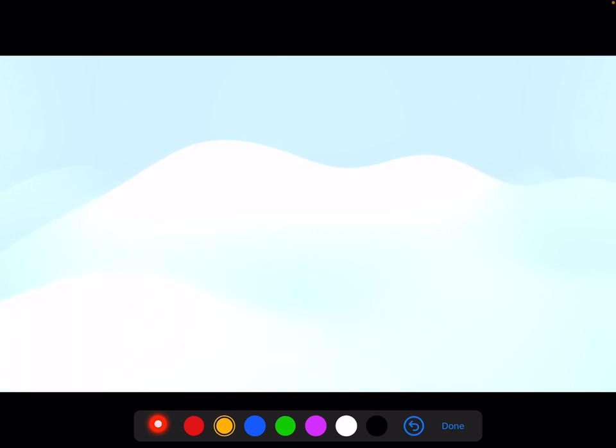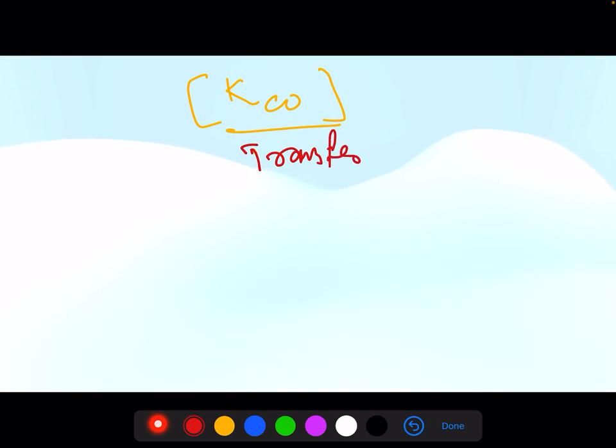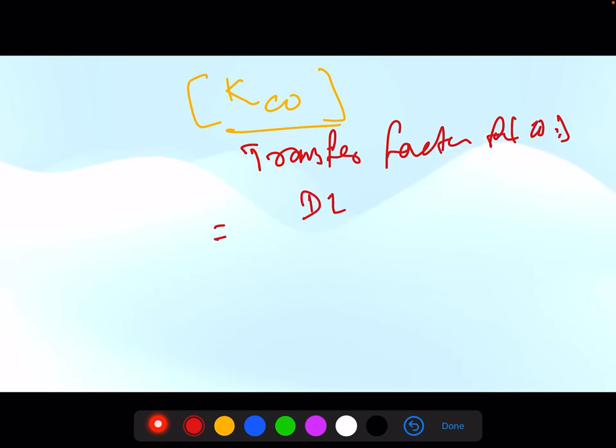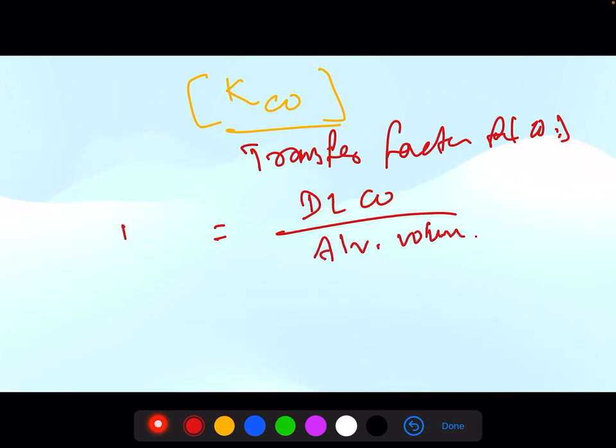Also, along with the parameter, they ask questions regarding the transfer factor, expressed as KCO, also called transfer factor for carbon monoxide, right? Which is basically defined as the DLCO divided by alveolar volume.